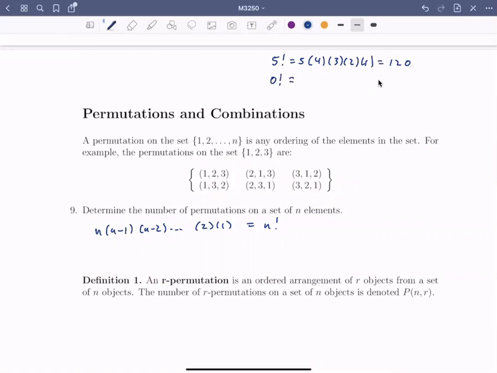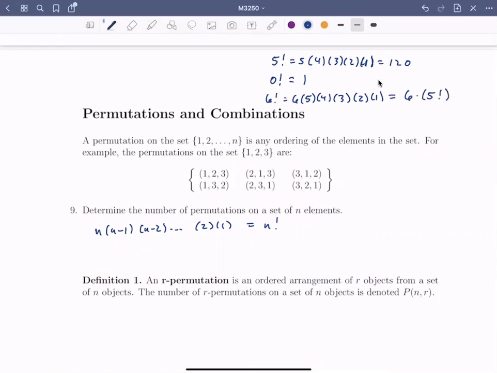0 factorial, for good combinatorics reasons, is defined as 1. That's called an empty product. It's the product of the empty set, so it's defined to be 1. 6 factorial is 6 times 5 times 4 times 3 times 2 times 1, so that's 720. But that's also 6 times 5 factorial.